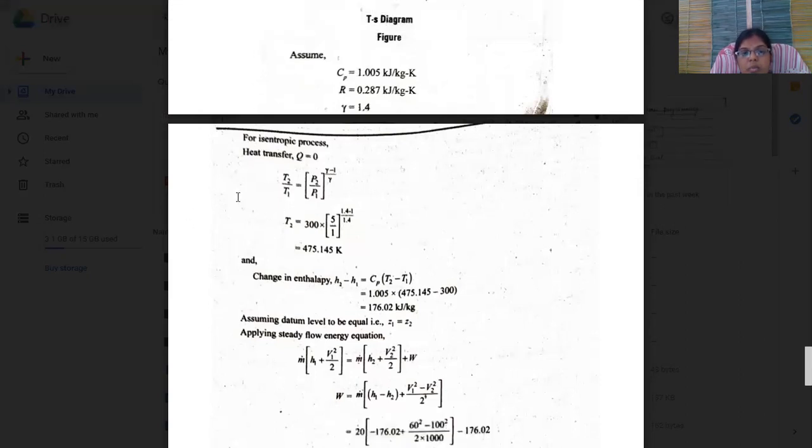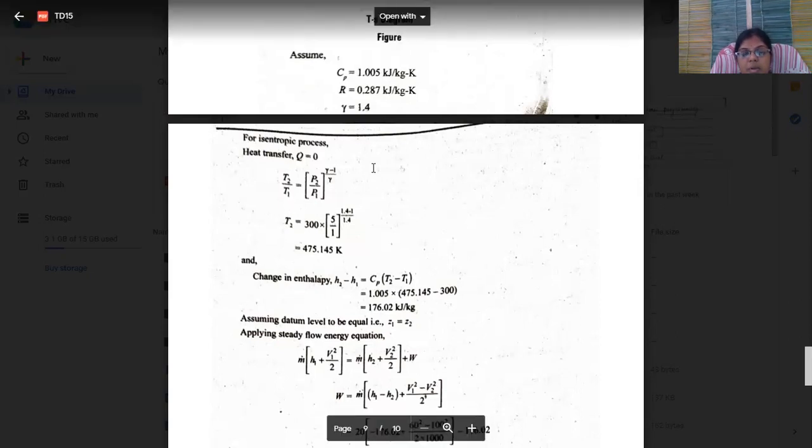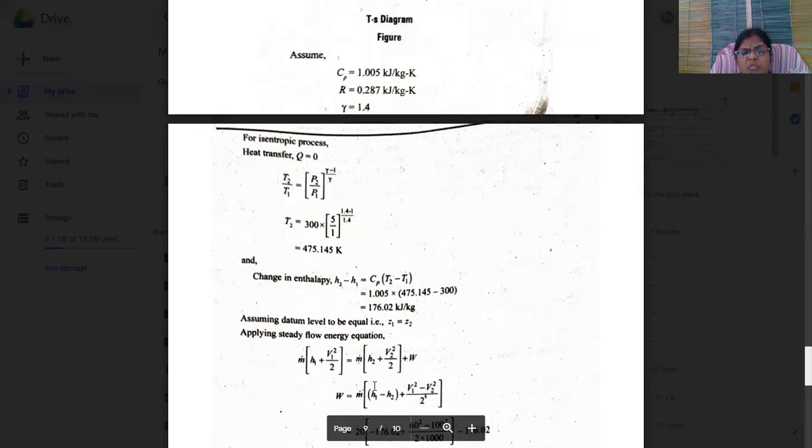For an isentropic process, T2 by T1 is equal to P2 by P1 to the power gamma minus 1 by gamma. The isentropic process and the adiabatic process are both the same, so we use this relation: T2 by T1 is equal to P2 by P1 to the power gamma minus 1 by gamma.